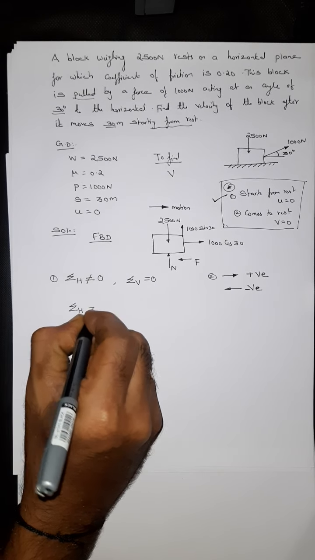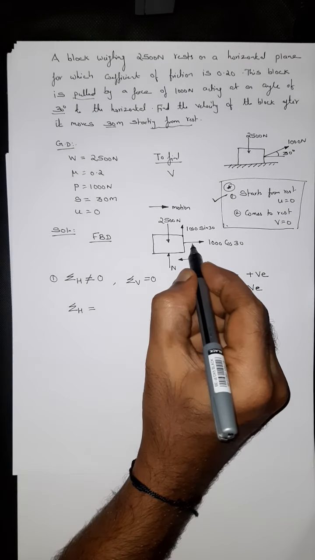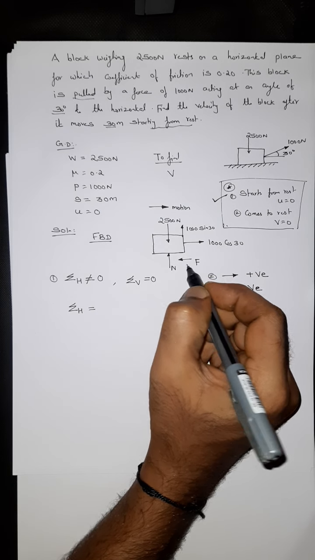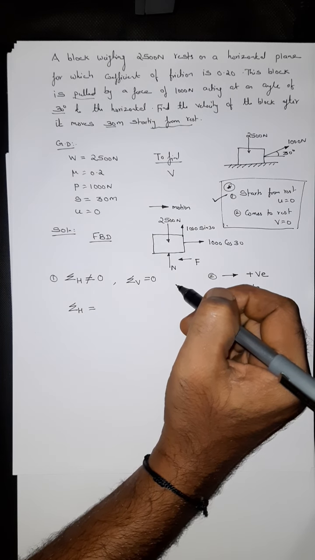Now I am going to solve the equation. Summation H equal to, how many horizontal forces are there? 1 and 2.